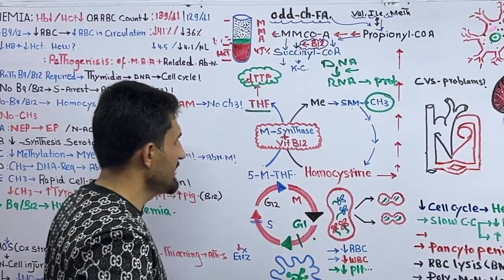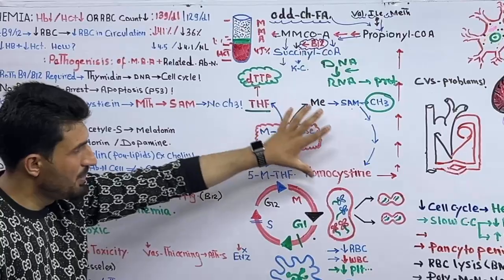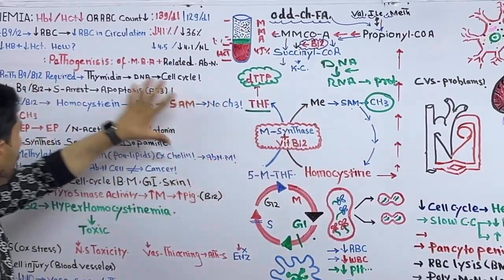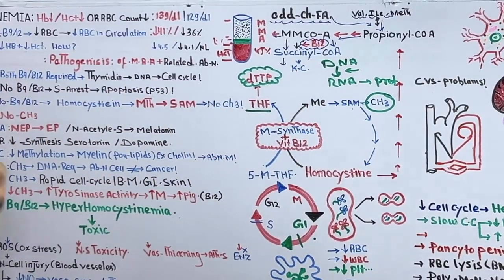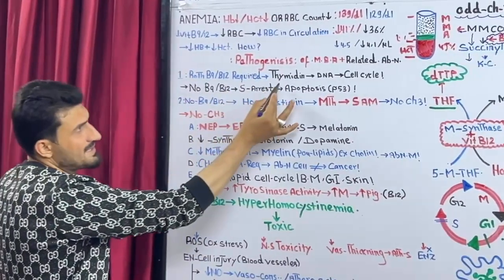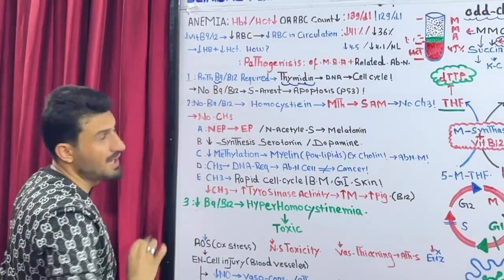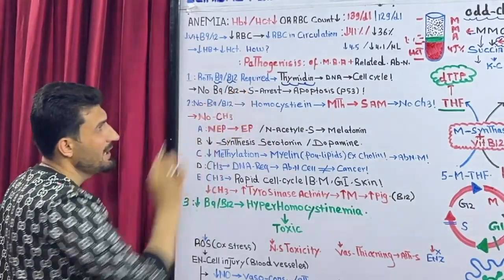Okay, so now let's talk step by step, and let's link this part to the pathogenesis. Got it? Now we know that for synthesis of thymidine, we need both vitamin B9 and vitamin B12.